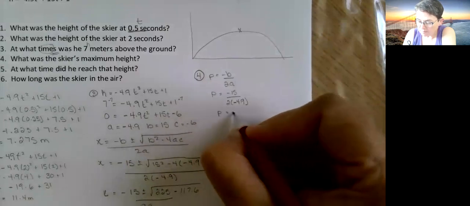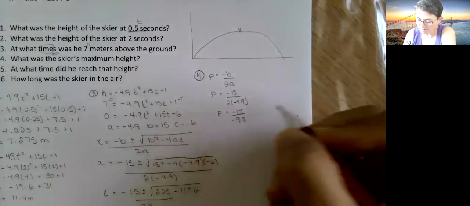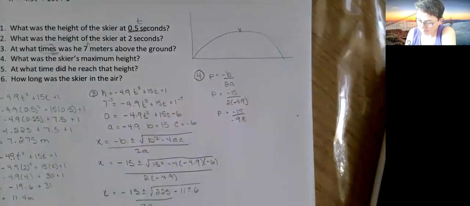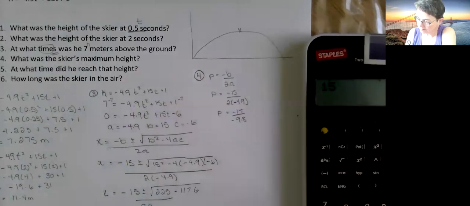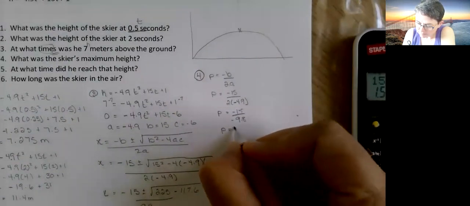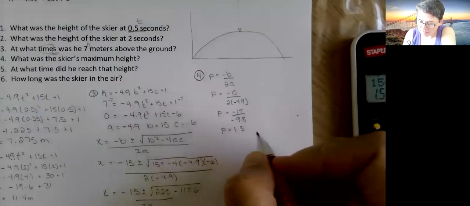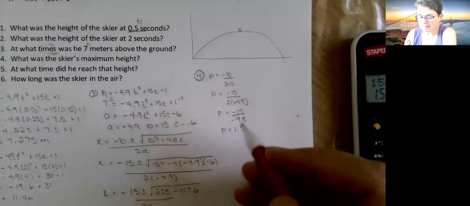So P is going to be minus 15 over minus 9.8. 1.53, so 1.5. So that is the equivalent of our x. So this is our t.